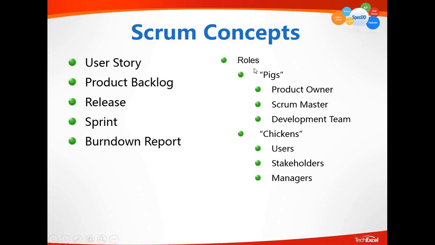Team are the people who are involved or who are directly contributing to our development process and results. And we introduce a set of roles. The roles like the product owner, Scrum Master, development team, we further group them as pigs.